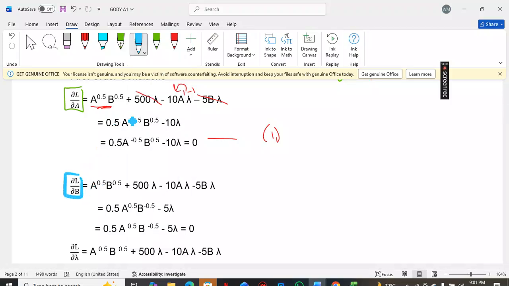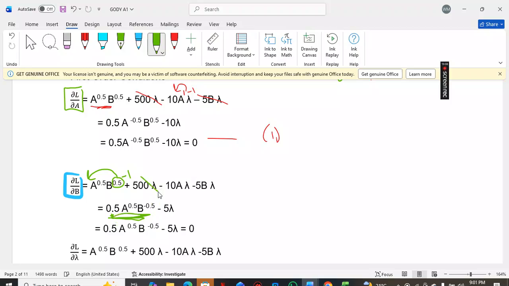So here, 0.5 times 1, you get 0.5. You subtract 1 from the 0.5, you get b to the power negative 0.5. A still remains to the power 0.5.